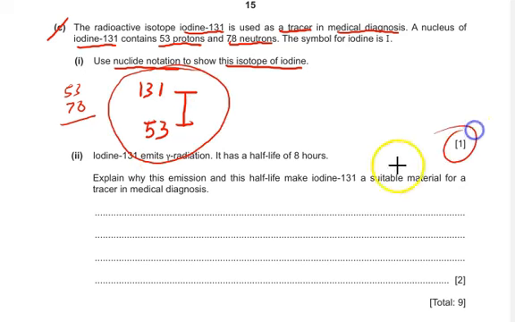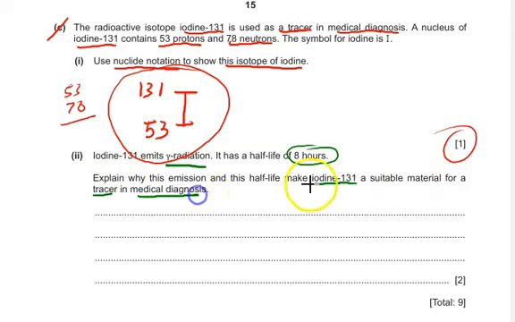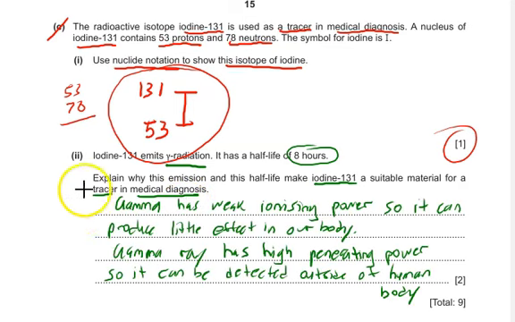Okay, 1 mark. Then the next one: iodine 131 emits gamma radiation. It has a half-life of 8 hours. Explain why this emission and this half-life make iodine 131 a suitable material for the tracer in medical diagnosis. Okay, so there are 2 points over here. Gamma has a weak ionizing power, so it can produce little effect in our body.